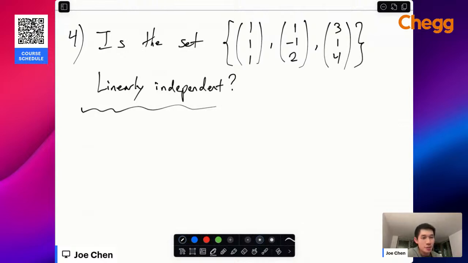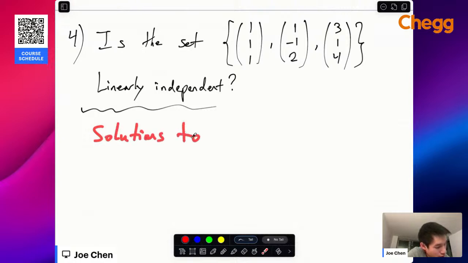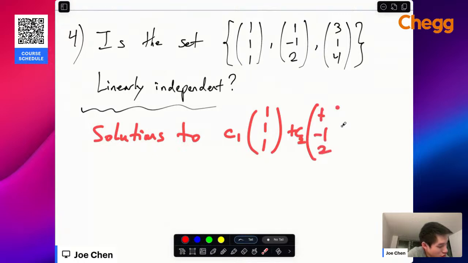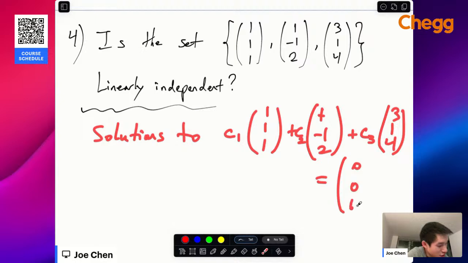The matter of linear independence is the question of, to review, solutions to c1 times (1, 1, 1) plus c2 times (1, -1, 2) plus c3 times (3, 1, 4) equals (0, 0, 0).